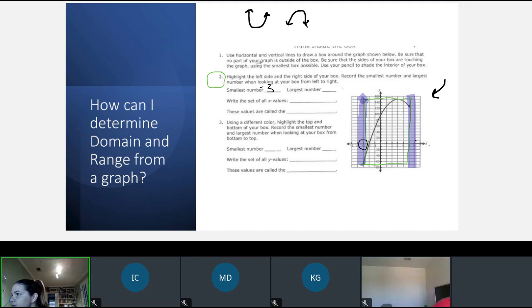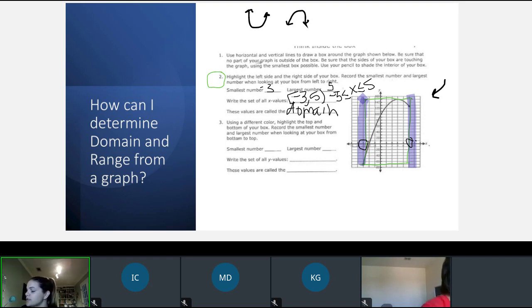My biggest number is 5. Okay, so if I want to write the set of x values, I can write it in interval notation, or I can write it as an inequality. So -3. Okay. These values are called the domain.